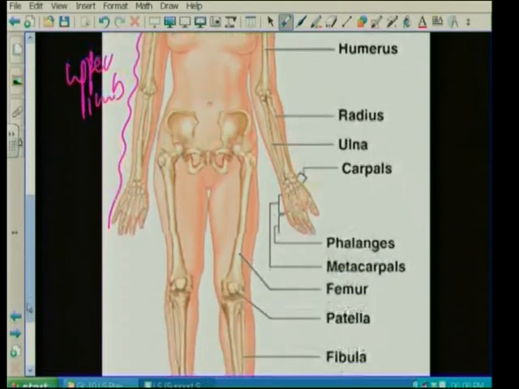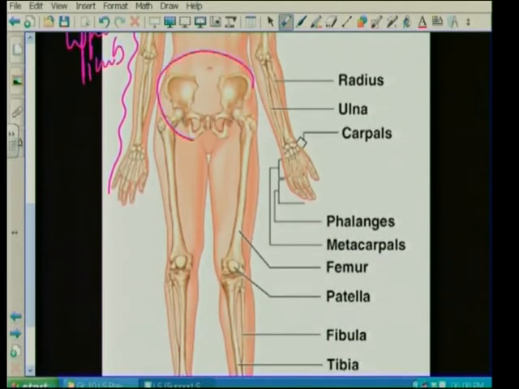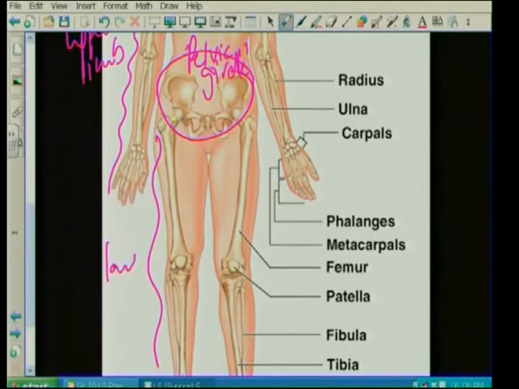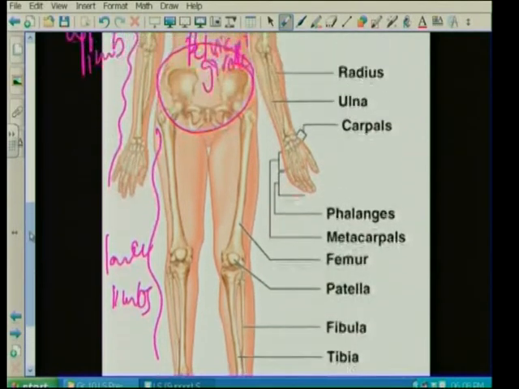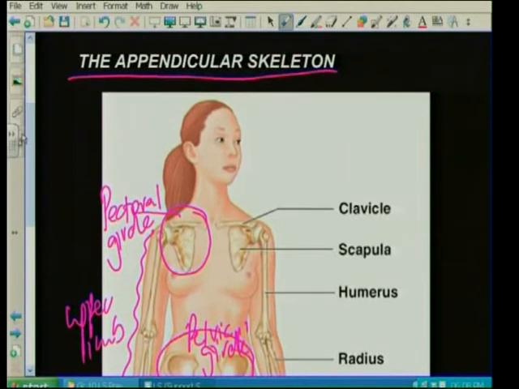And it is made up of the pelvic girdle, and obviously the lower limbs. Those are the bones in the appendicular skeleton.